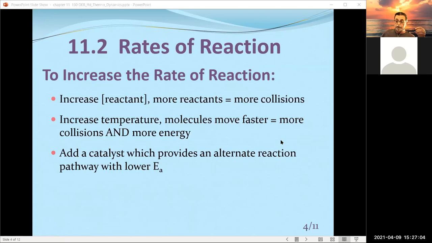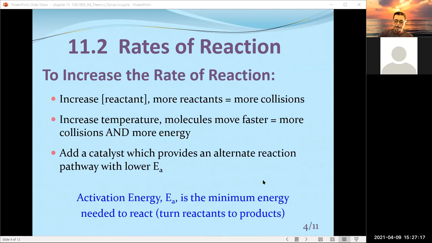That reaction proceeded normally at a normal rate, but with that metal, it occurred so quickly it went boom. So a catalyst lowers the energy of activation. To define that energy of activation again, that is the minimum energy needed to react between reactants to products.